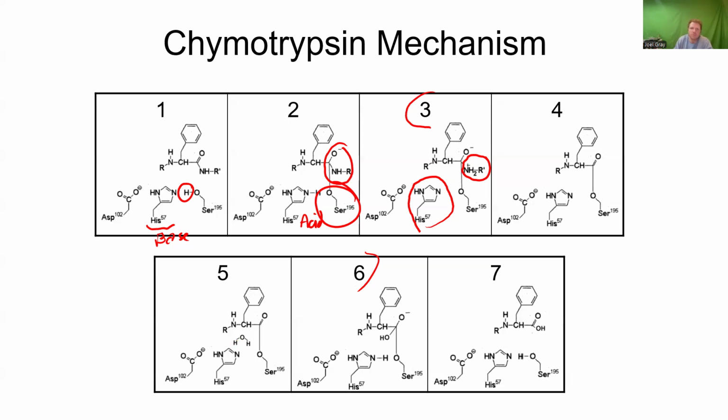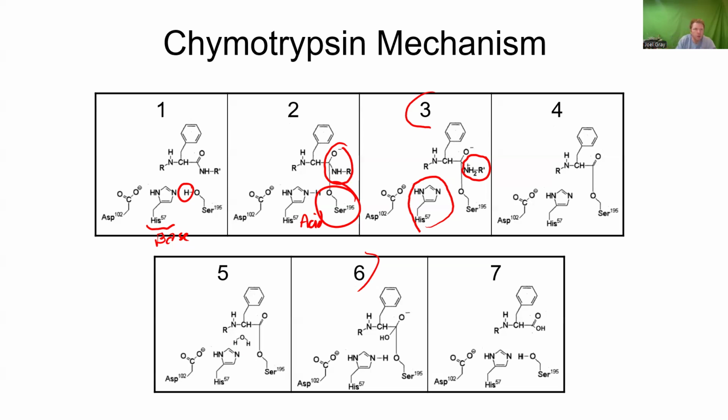Aspartate, it's important for space. Histidine, it's important for acting as an acid and a base. Serine, it's important for acting as a nucleophile. How does everyone feel about those three descriptions? Give me a one if you say, okay, I got you there, and then a three if you say, I'm still struggling with it.